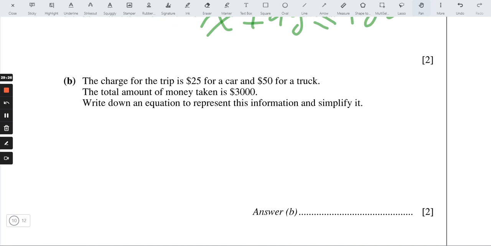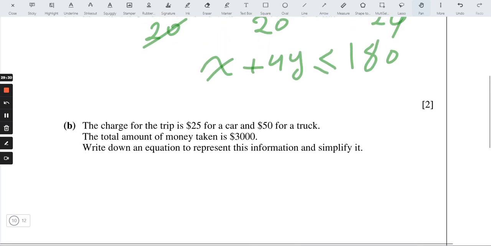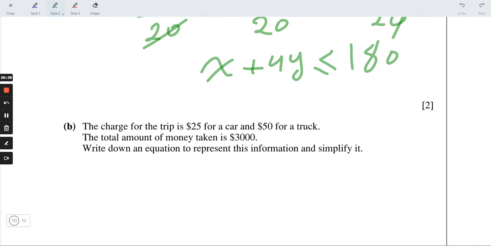The charge for the trip is $25 for a car and $50 for a truck. The total amount of money taken is $3,000. Write down an equation to represent this information and simplify it. That means $25 for a car, so 25x plus 50y equals 3,000.